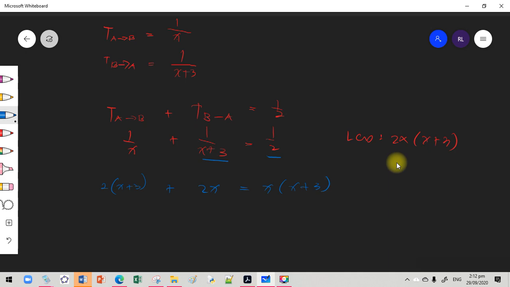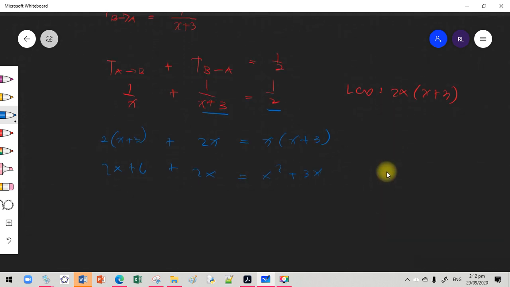So here we have 2x plus 6, then we have 2x, then we have x squared plus 3x. So I think this becomes 4x, so this becomes 0.